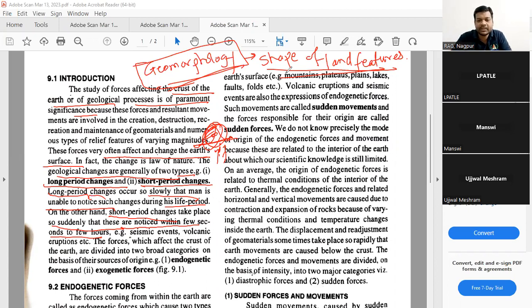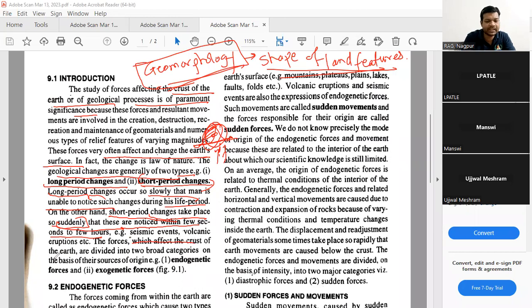It is impossible to know when they will strike, where they will strike. So these changes are sudden changes or short period changes, right? So these are the two types of changes which occur on the earth's surface.